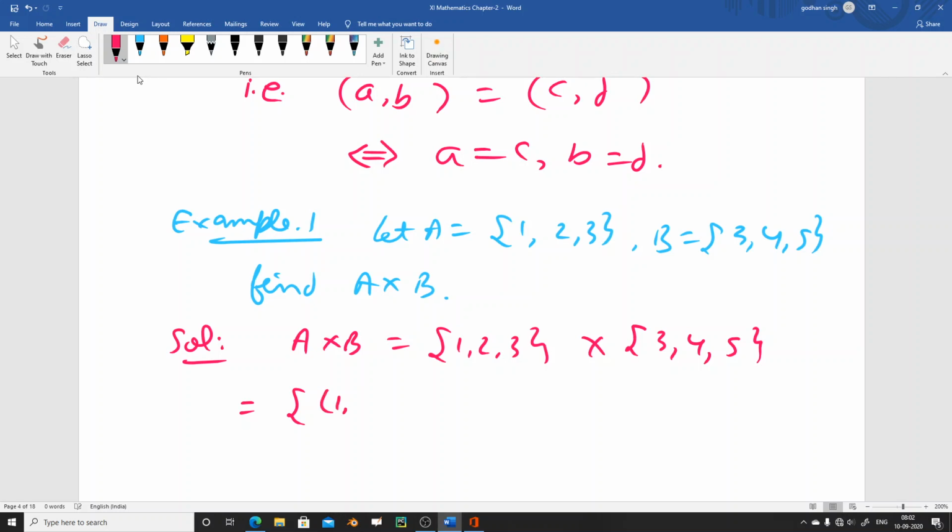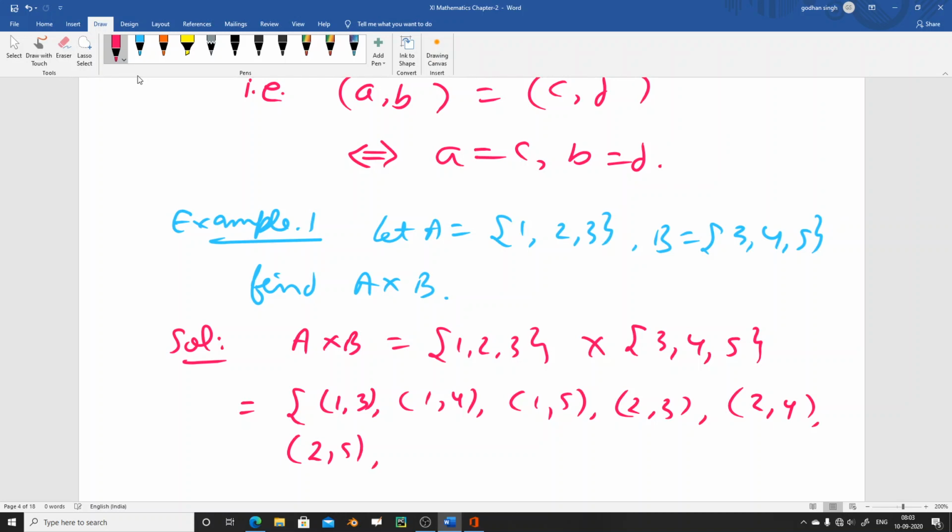We can pair it with any element of the second set: with 3, 4 or 5. So we get (1,3), (1,4), (1,5). Similarly, we can take the element 2 from the first set and pair it with 3, 4 or 5. So we get (2,3), (2,4) or (2,5).